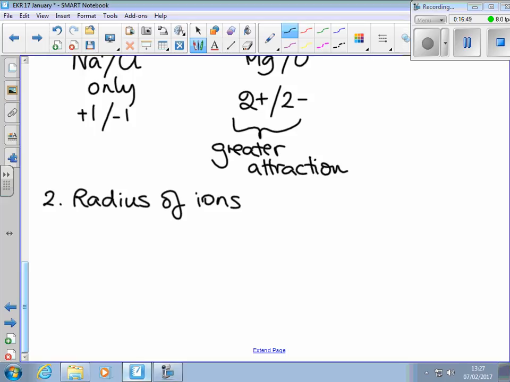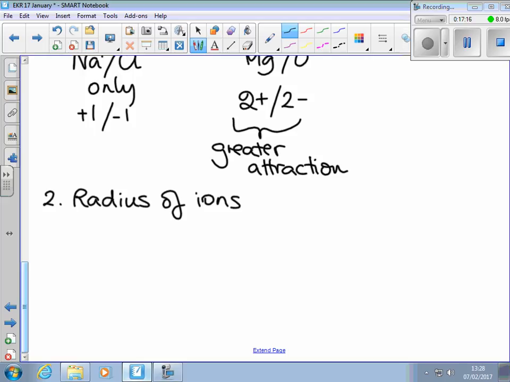Right. Okay. So in terms of electron numbers, is there a difference between the ions? No. They've both got the same number of electrons, which is 10. They've got 2 in their first shell, 8 in their second shell, but they've lost the odd ones they had in the third shell. So there's no difference in the number of shells.